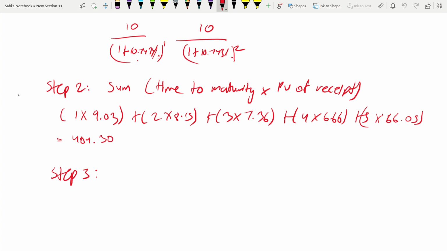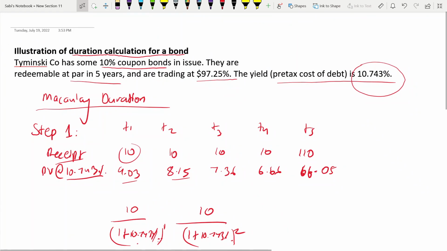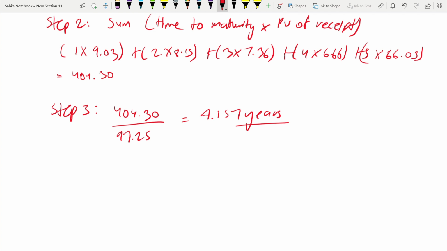So what is the price? 404.30 divided by, what is it? Trading at 97.25%. So you divide it by 97.25, which equals 4.157 years. This is Macaulay's duration, so you will get it in terms of years. The longer the duration, the more volatile the bond is, and the riskier the bond becomes.